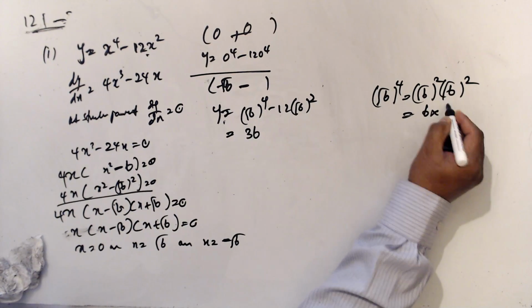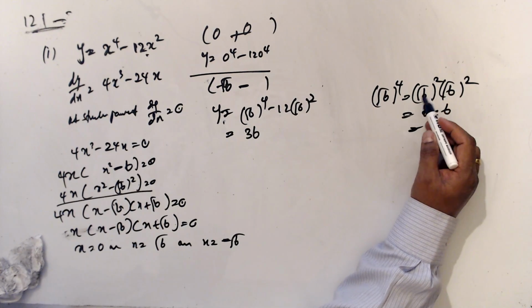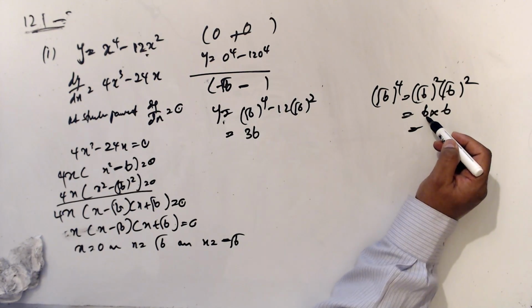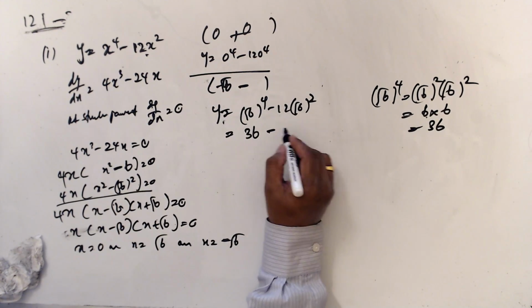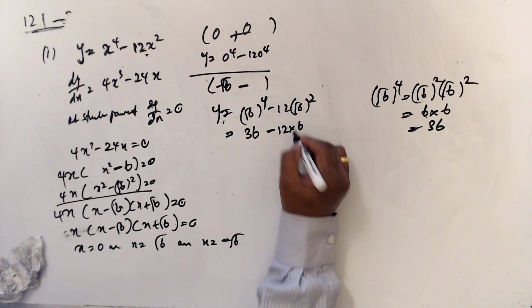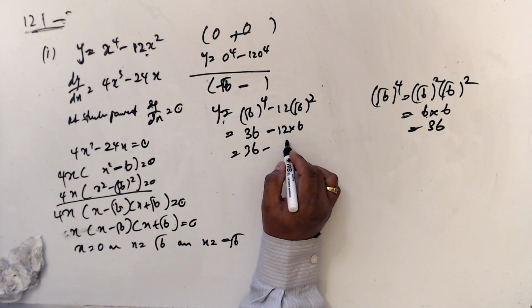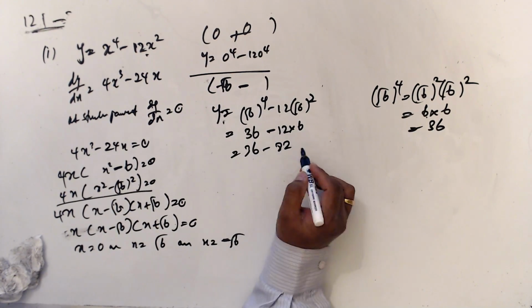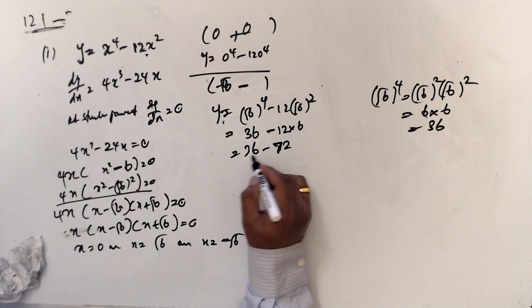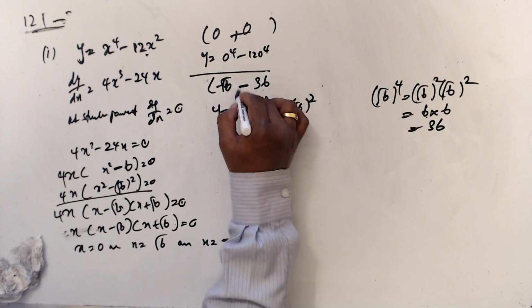This is 6 and this is 6, so this is 36. Then 36 minus 12 times 6, so this is minus 36.